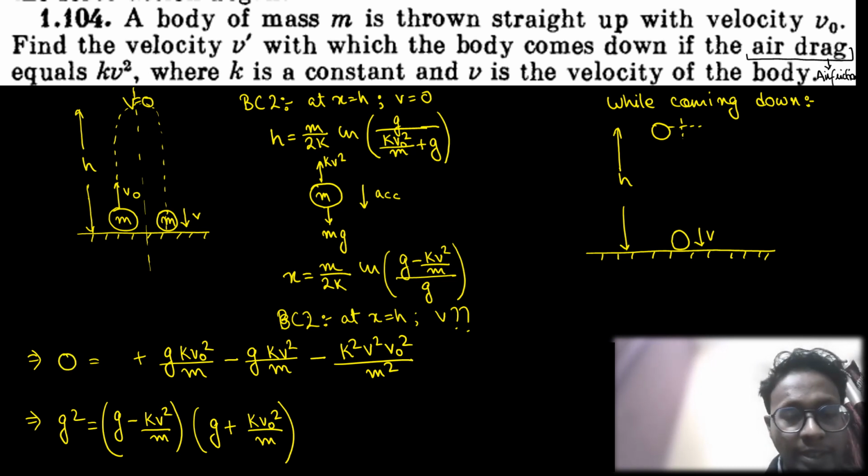Now what do I do? I need to isolate the value of v square. So out here, these two are the only terms that contain v square. So if I take these two terms to the left hand side, what will become? g k v square by m, or if I take these two terms to the left hand side, it will become g plus k v naught square equals this value.